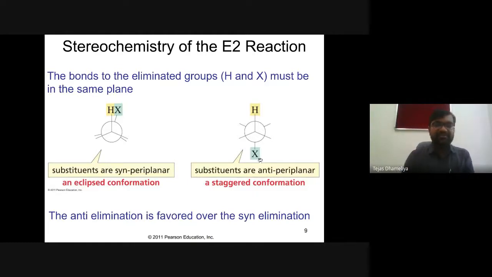Syn periplanar conformation is like that, where the teacher's entry and the student's exit are on the same side. So this is not preferable.